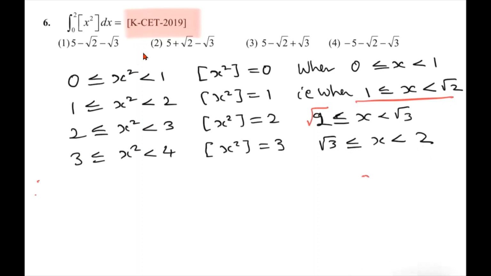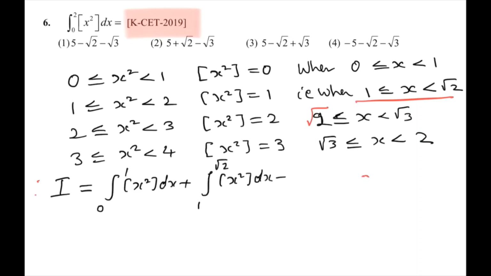So, using the properties of integrals, we can write the integral from 0 to 2 as the integral from 0 to 1 of bracket x square dx, plus from 1 to root 2 of bracket x square dx, plus from root 2 to root 3 of bracket x square dx, and finally from root 3 to 2 of bracket x square dx.